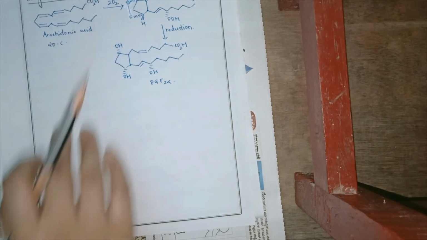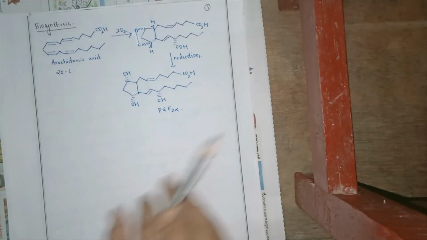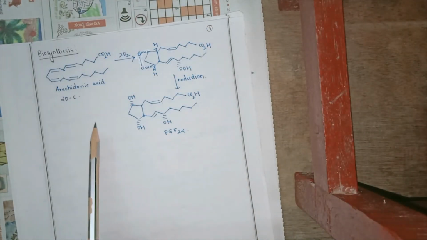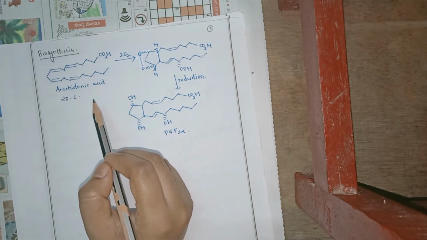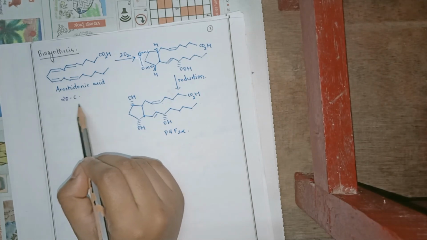Naturally, these prostaglandins can be synthesized by biosynthesis. The biosynthesis starts from a 20-carbon long chain fatty acid called arachidonic acid.